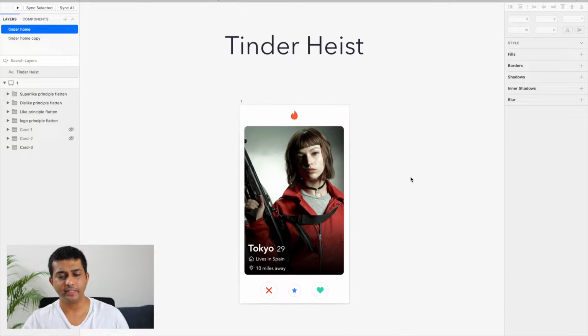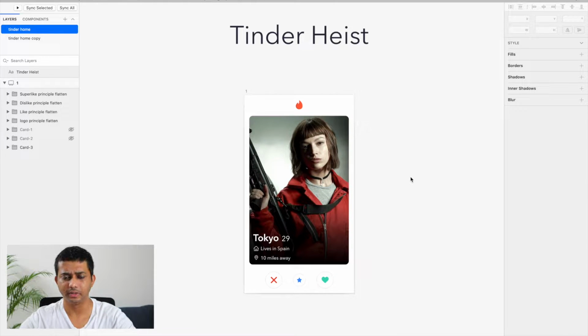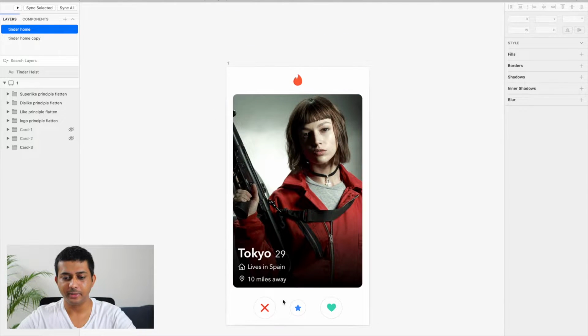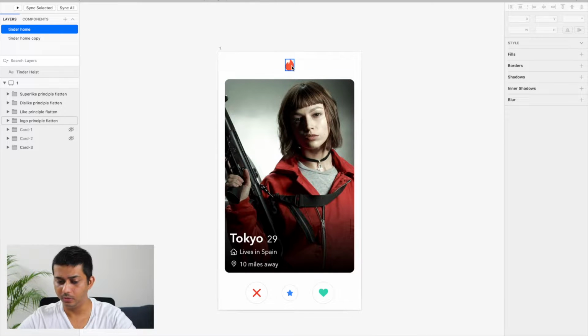We'll quickly jump into our UI on Sketch. So guys, now we are inside Sketch and I have already created the asset for this particular interaction. We are calling it Tinder Haste for now. If you notice, I have simplified the UI a bit so that we can just work on the swipe interaction here. We have our Tinder logo, we have the like, super like and dislike icons.